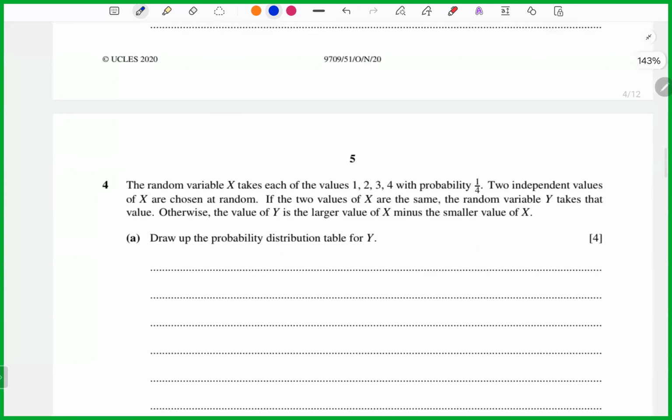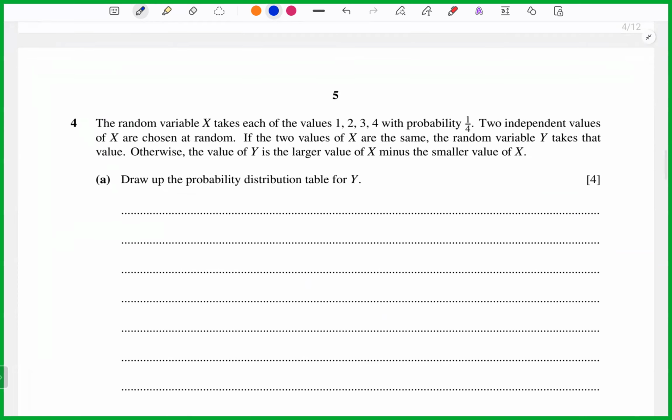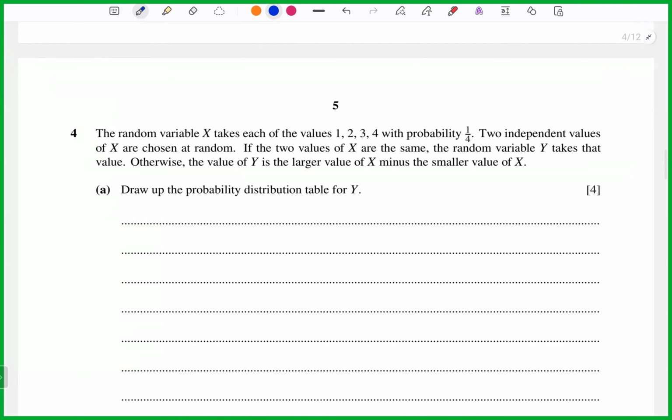Okay, so let's go into the next question. Question 4. The random variable x takes each of the values 1, 2, 3, 4 with probability 1 over 4. Two independent values of x are chosen at random. If the two values of x are the same, the random variable y takes the value 0.